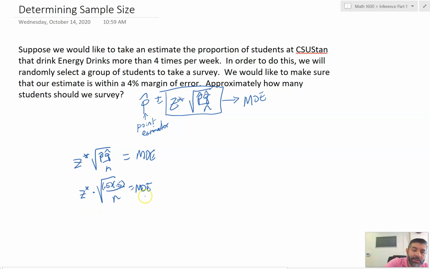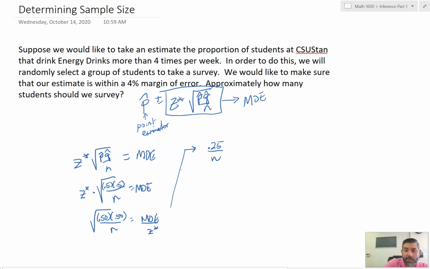So I'm going to divide by z star, and if you don't like to see a bunch of algebra, then you can fast forward this part. All right, then I'm going to square both sides. Can I just do 0.5 times 0.5? Please, that's 0.25. Oops.